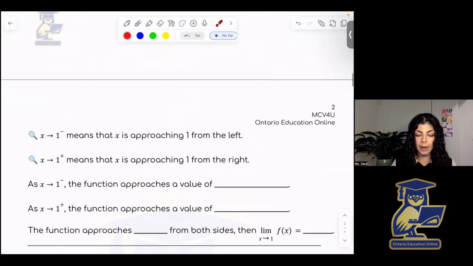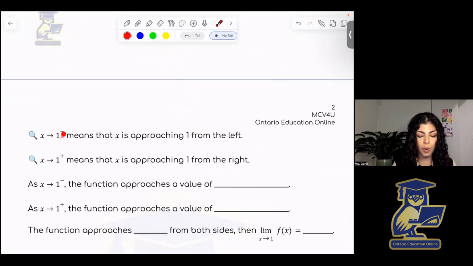Here, just a bit of notation: we write x approaching 1 with a negative exponent, meaning that x is approaching 1 from the left, and x approaching 1 with a positive exponent means that we are approaching from the right.